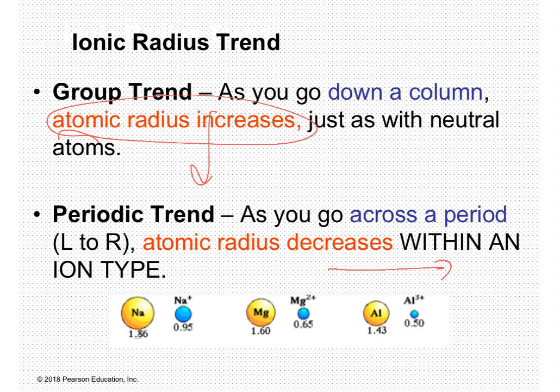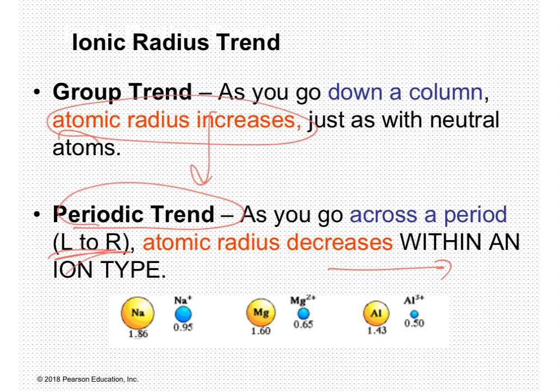Now, it's a little bit odd and much more complicated explaining the periodic trend for radius or size as you go left to right across a period. Because half the elements in the period are going to be metals and they're going to become cations, and the other half, once you reach the right side of the periodic table, are nonmetals that are going to become anions.